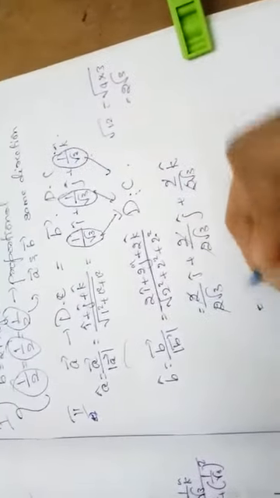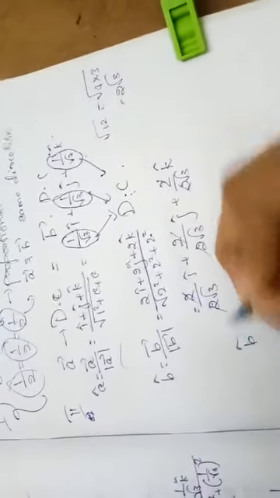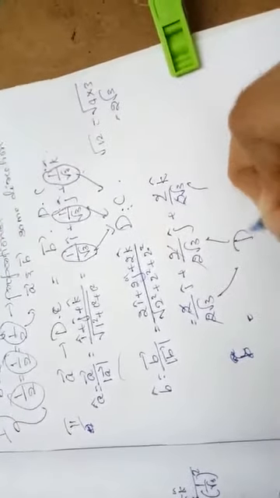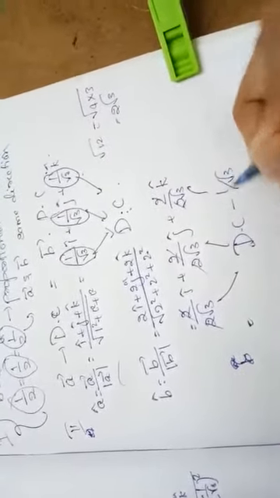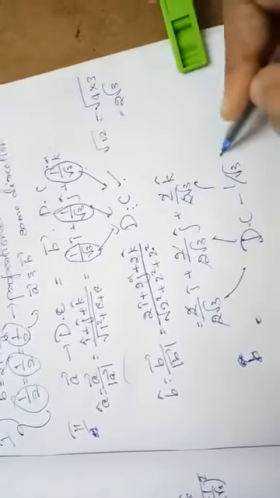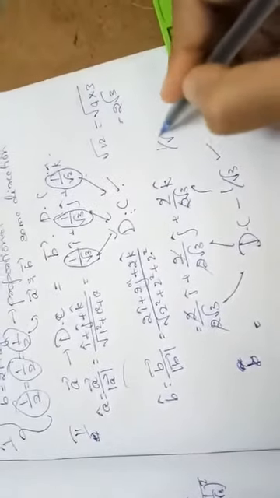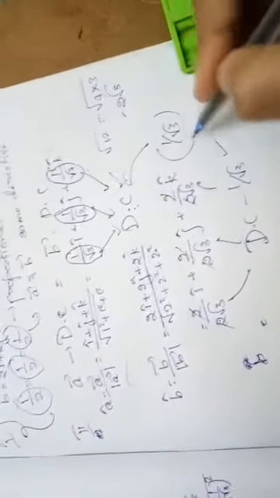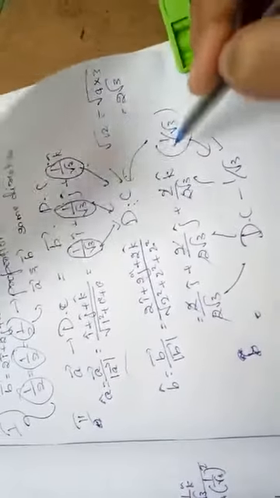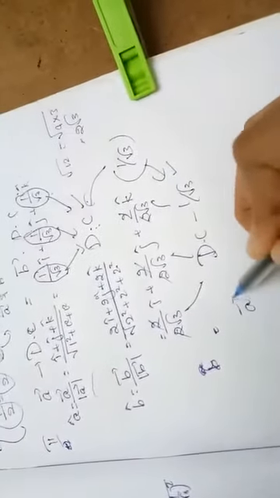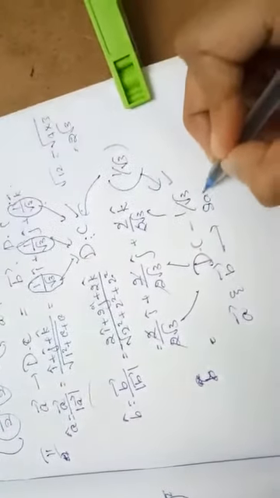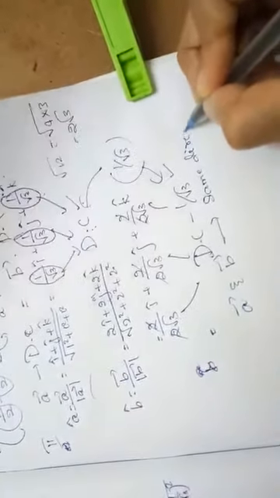So what are the direction cosines of vector B? It is again 1 by root 3. Now you can see that the direction cosines of vector A and vector B are both 1 by root 3. Since both the vectors' direction cosines are equal, we can say that vector A and vector B are in the same direction.